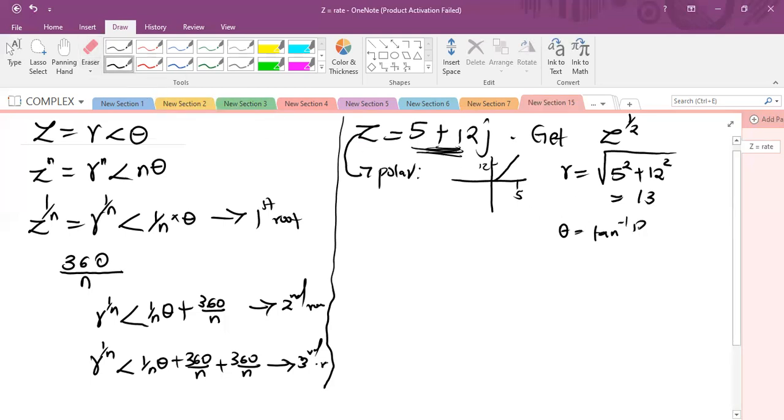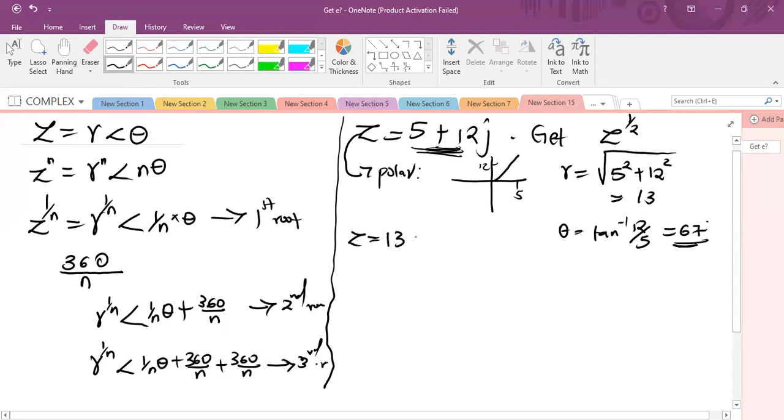So we have 12 over 5, and that will give us our angle theta as 67 point something degrees. So if we already have our theta as 67 and our r as 13, then it means z is equal to 13 at 67 degrees. So this is what we want to raise to power a half, or find the square root of.